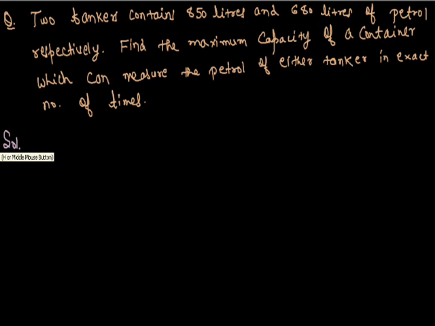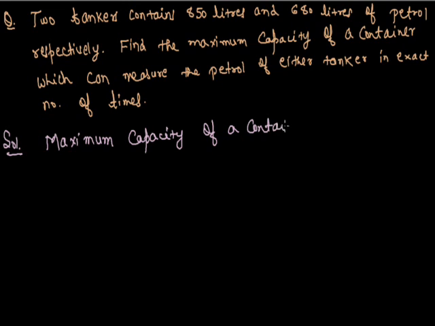Now we have to find the maximum capacity of a container which can measure the petrol of either tanker in exact number of times. The maximum capacity of a container is equal to the HCF of 850 liters and 680 liters.